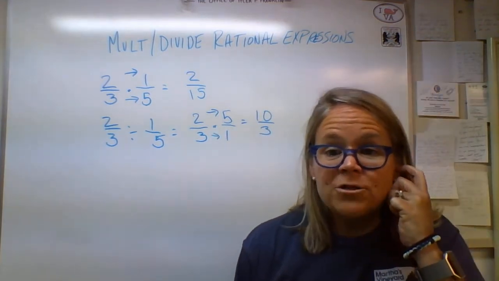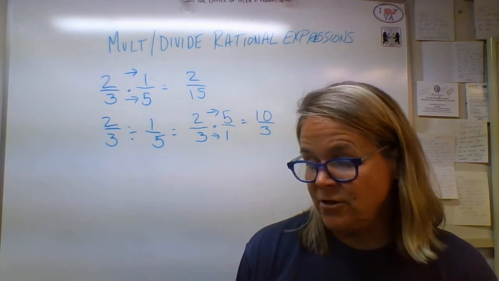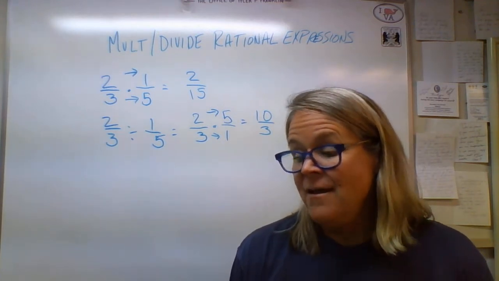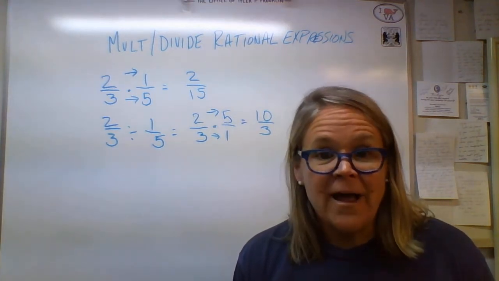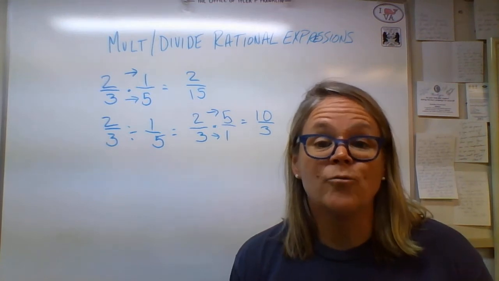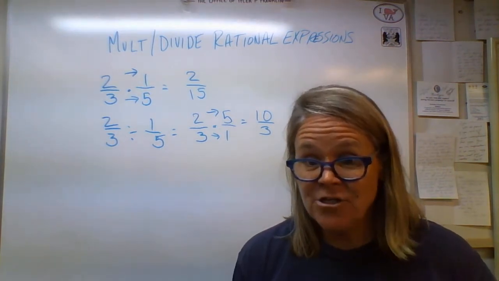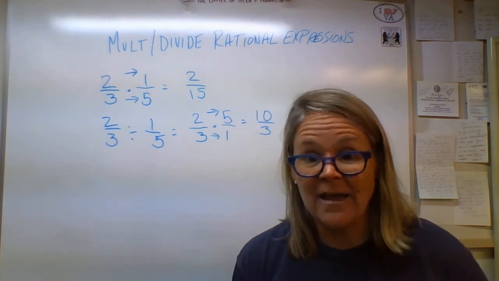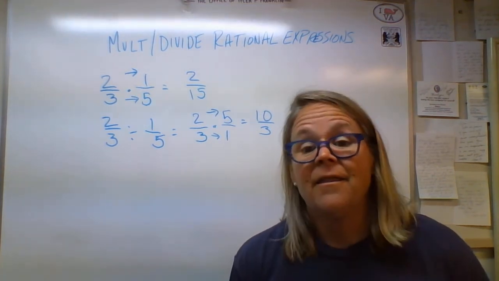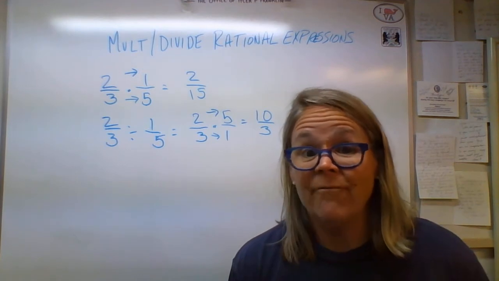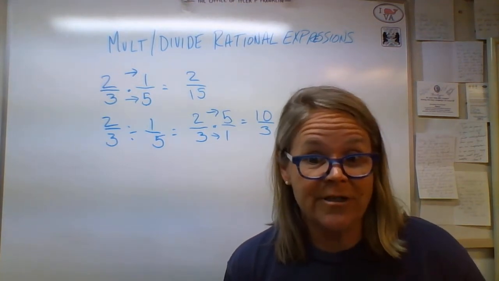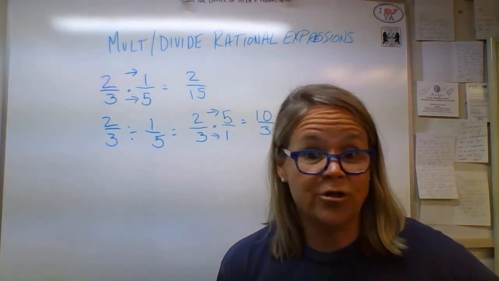So what you can see in your notes is when we're multiplying and dividing, we're really just simplifying. If there's division, flip the second fraction. Then, if you have monomials, no adding or subtracting, you just go straight across.